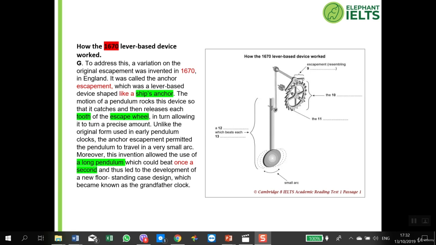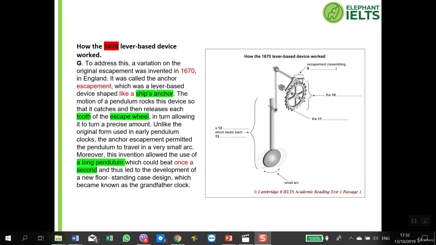Let's go to the first question, which is number 9. Look at the arrow, it's pointing to what looks like a piece of metal that is above a round wheel with teeth. There are keywords here, escapement and resembling, and I must go to the part of paragraph G to find the word escapement and a synonym for resembling, which might describe this piece of metal that the arrow is pointing to.